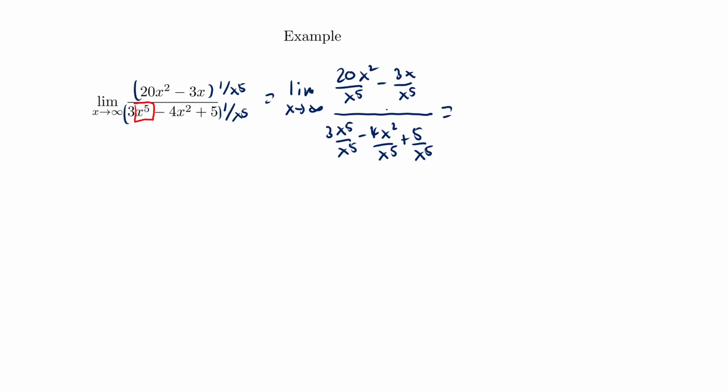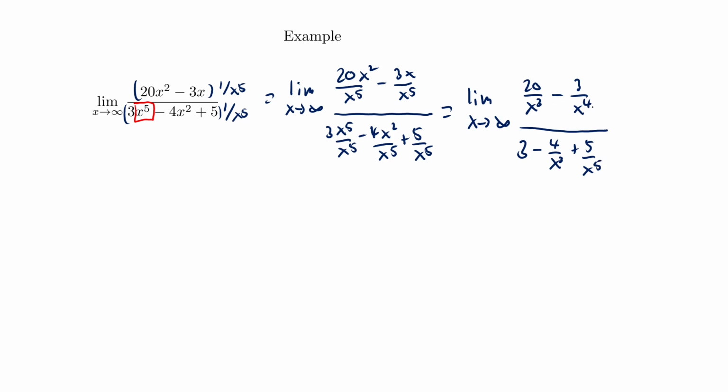And then we're going to simplify these exponents as much as possible. So remember that 2 minus 5 is going to give x to the negative 3, but we can just write that as 20 over x cubed minus 3 over x to the fourth, over, and then here we just have a 3. Here we have a minus, and then this will be 4 over x cubed, and then this will be 5 over x to the fifth.